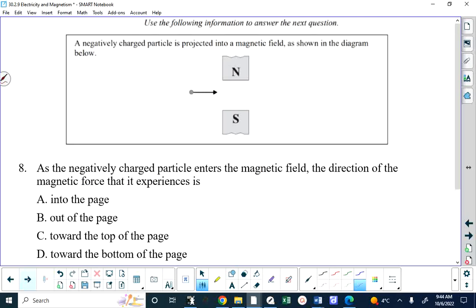What do we have? A negatively charged particle moves between those 2 poles. Magnetic field is towards the bottom of the page. If you're sitting at your desk, it might become a little more awkward. You might have to do this. The magnetic field is north to south. The particle is traveling to the right, which is what I have. I think sometimes it might be easier, if you're sitting at your desk, to just hold the paper up.